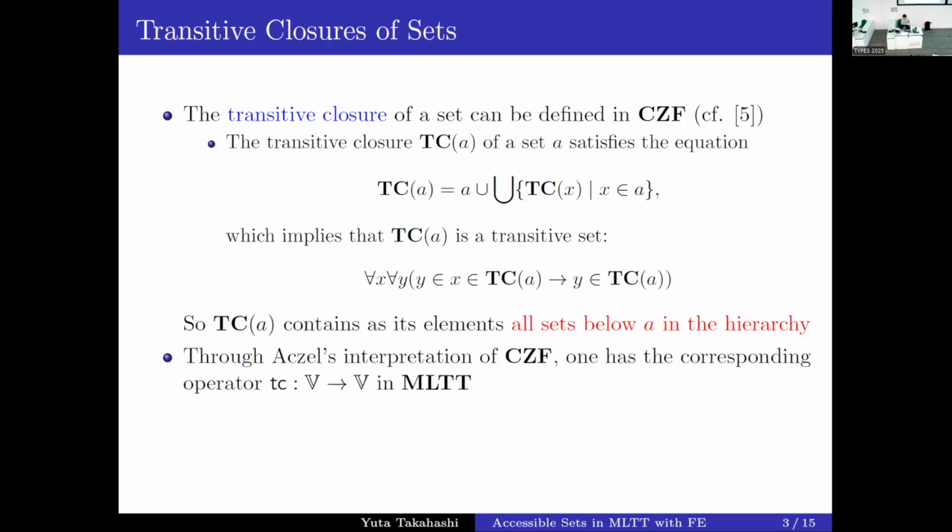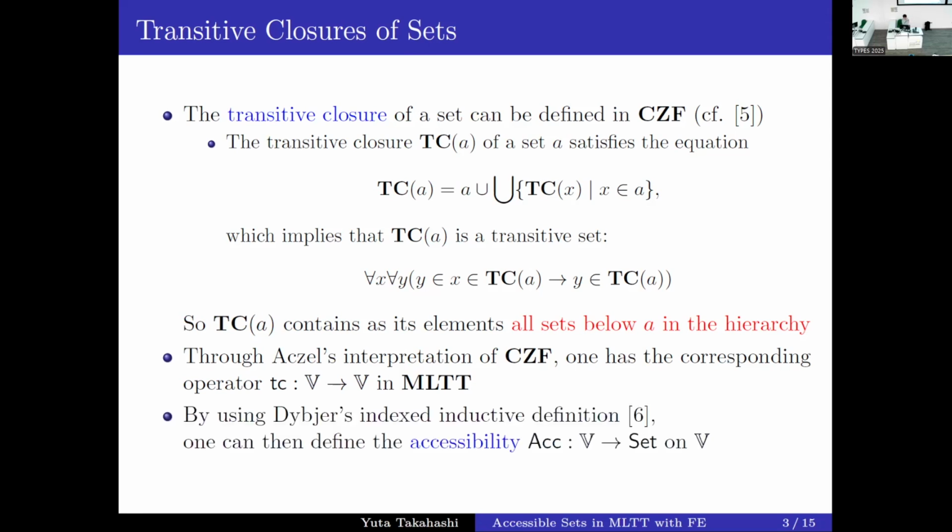Then through Aczel's interpretation of CZF, one has a corresponding operator TC in MLTT. And by using indexed inductive definition, one can then define the so-called accessibility predicate Acc on the cumulative hierarchy.